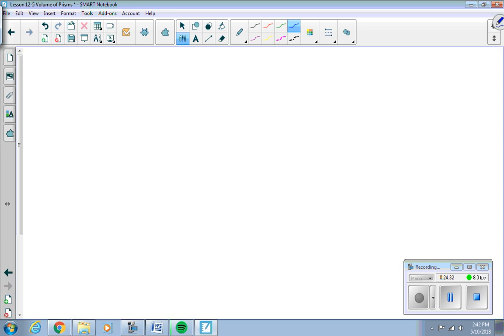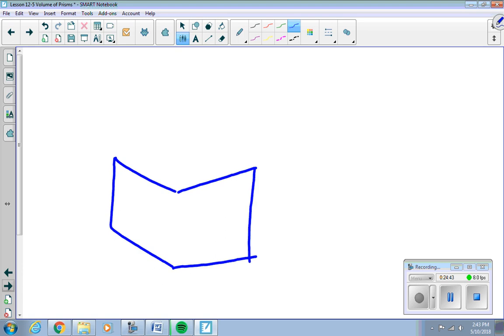Okay? One more thing. I'm going to just draw it for you. We're going to do like a house. So it's going to look like this. Okay, so there's my side of my house. And then I have a roof. You guys see it? Okay.